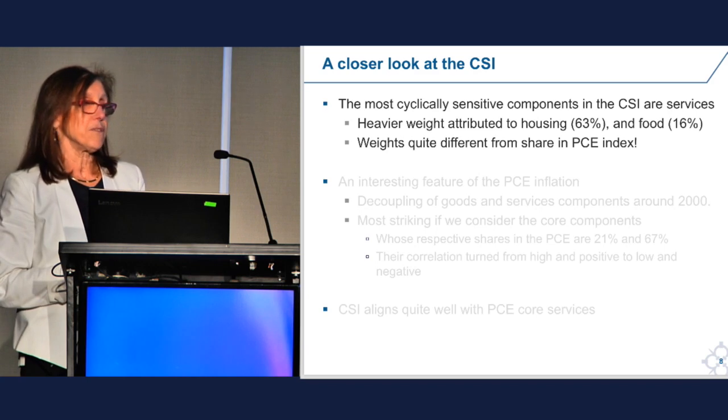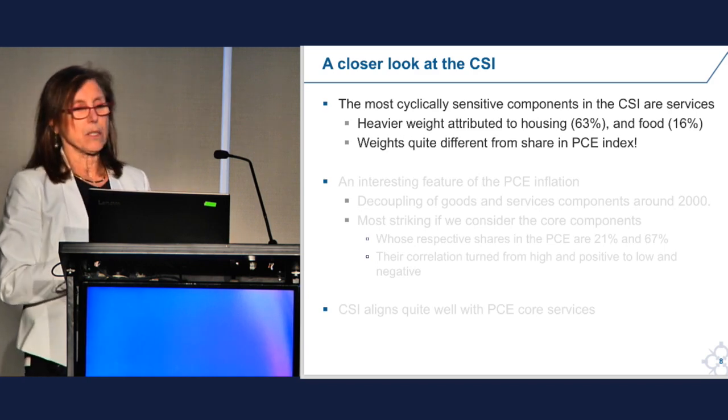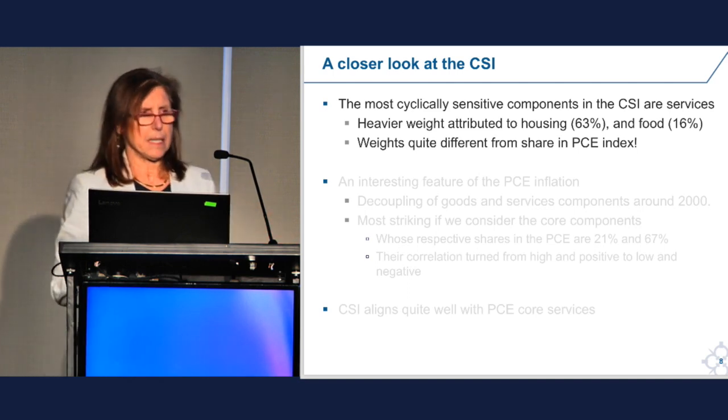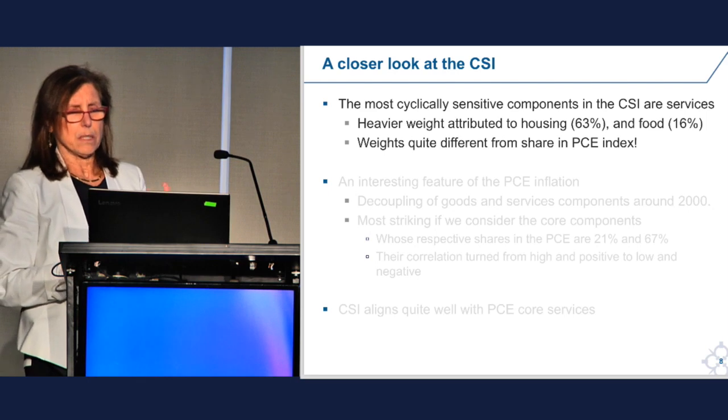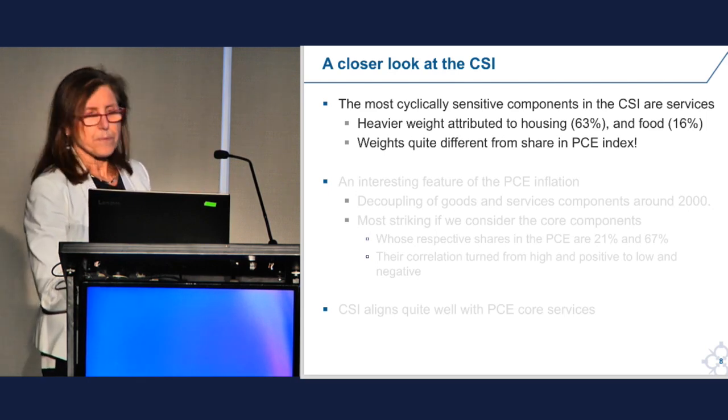Those weights are very different from the weights of these components in the PCE. Particularly, he mentioned that housing has about 16% in the PCE, and food, I don't know exactly, 12%.